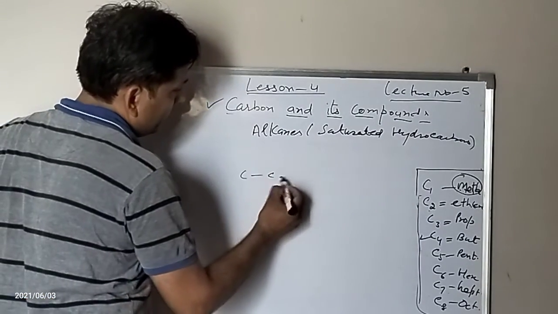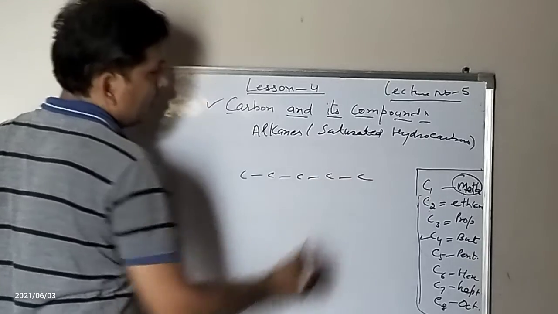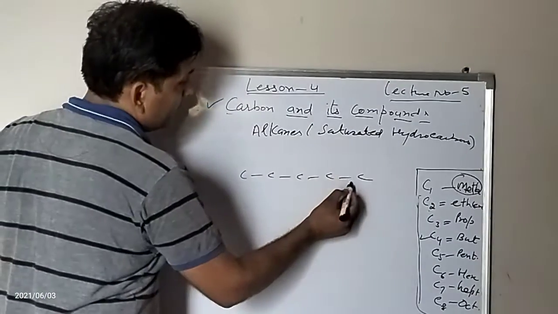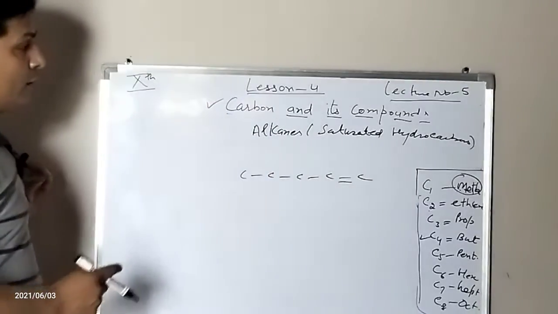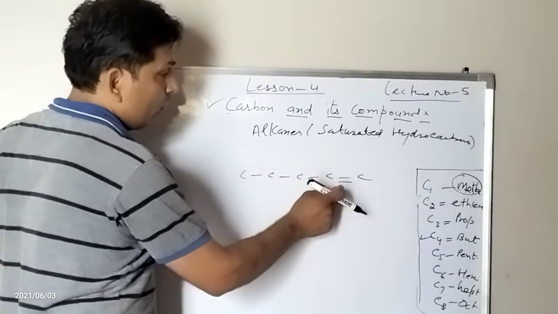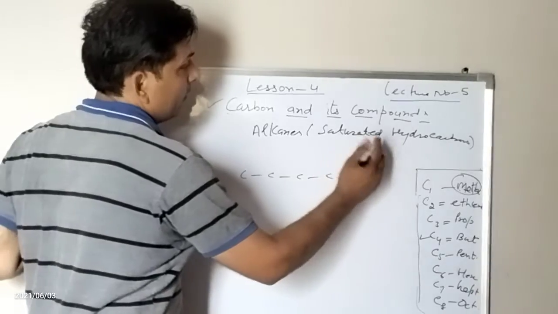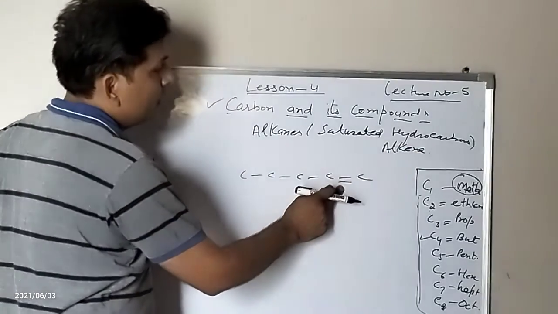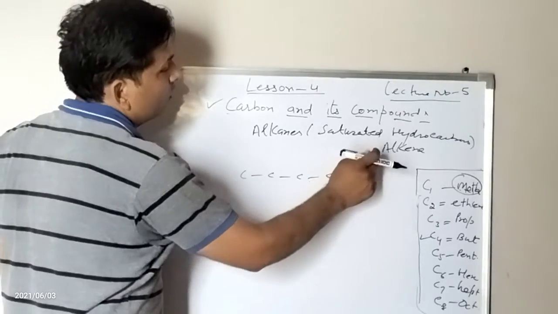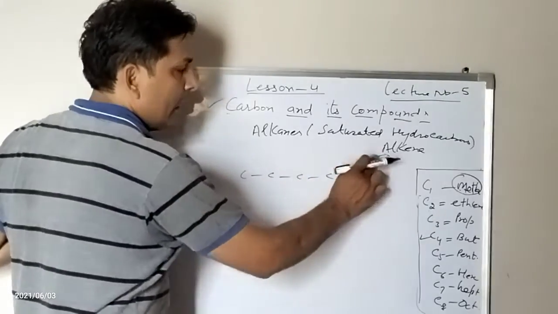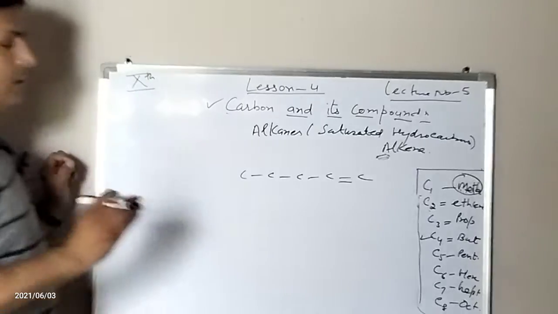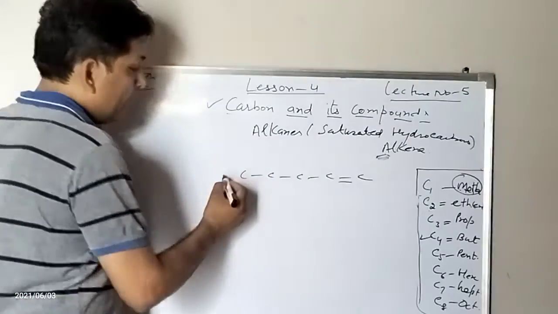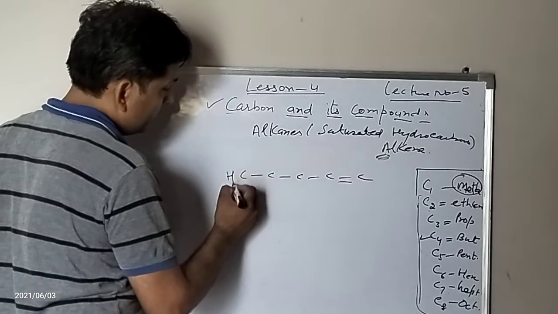For example, I have written 5 carbon atoms and represented a double bond over here. When you see the double bond, you immediately come to the conclusion that it is an alkene, not an alkane. If all single bonds are there, then it is an alkane. Now complete the number of hydrogen atoms.